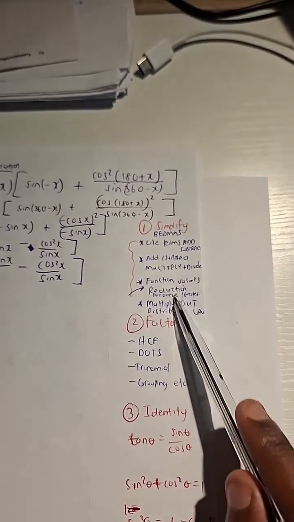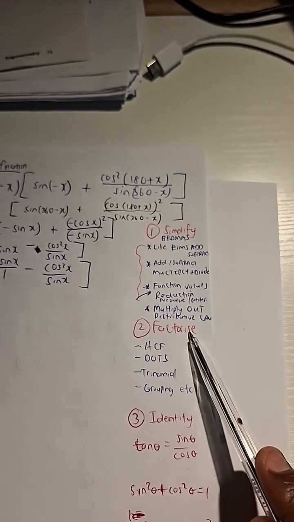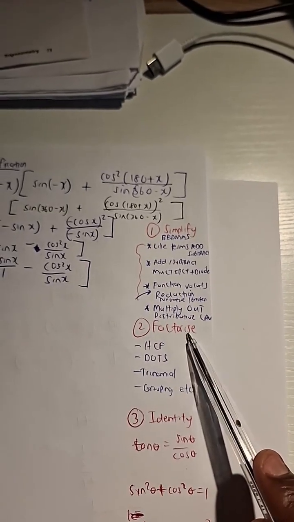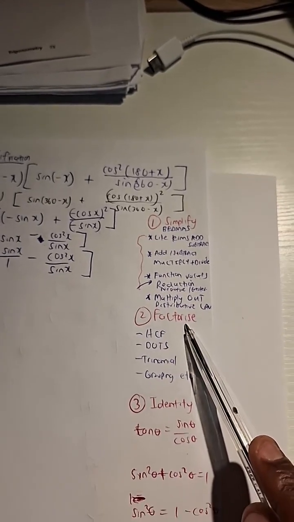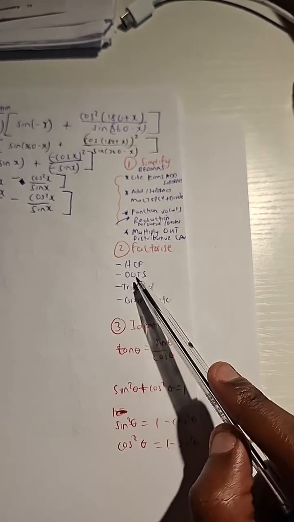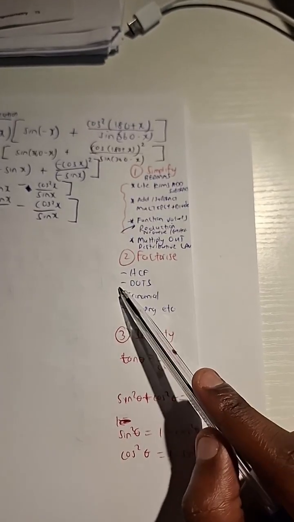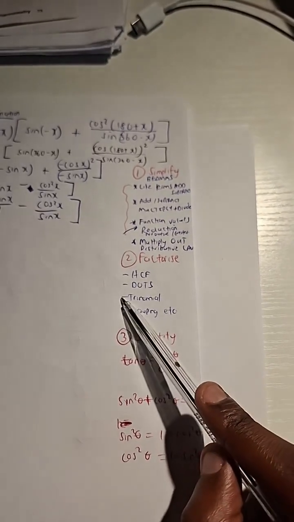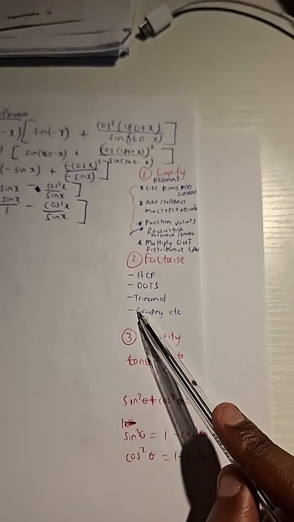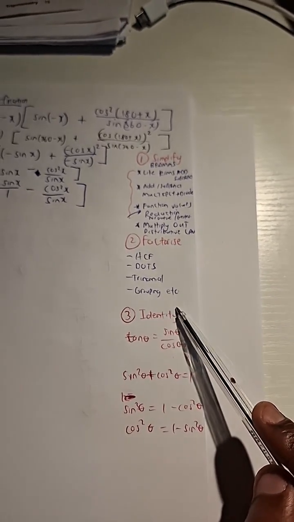When you are fresh out of these particular things, then you need to move on to your second ring of strategies, which is to factorize. Now, factorization encompasses all different types of factorization. You need to be able to recognize highest common factor, difference of two squares, trinomial factorization, grouping factorization, where trig is concerned.